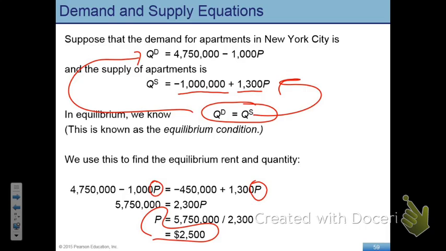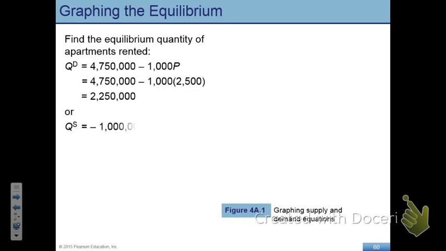Once we find the market equilibrium price, we can substitute that back into our quantity demanded. We are going to get the quantity demanded in market equilibrium. If we substitute that back in our supply curve, we are going to get quantity supplied in market equilibrium, and they are going to be identical. Which means that at the market equilibrium price, the quantity that our buyer wants to buy is equal to the quantity that our seller wants to sell. We can really verify that.